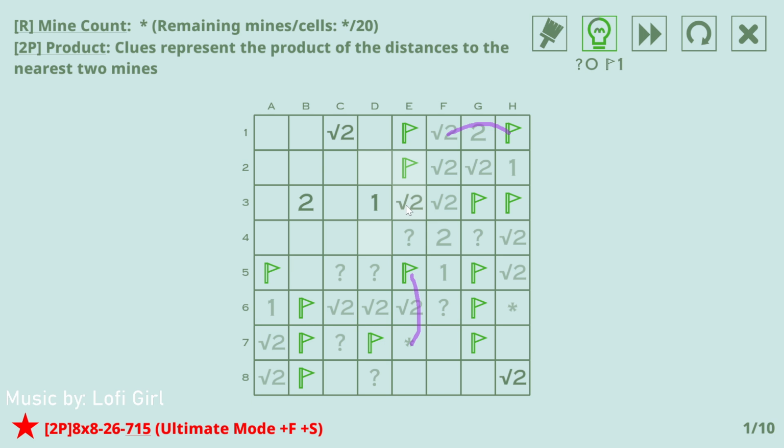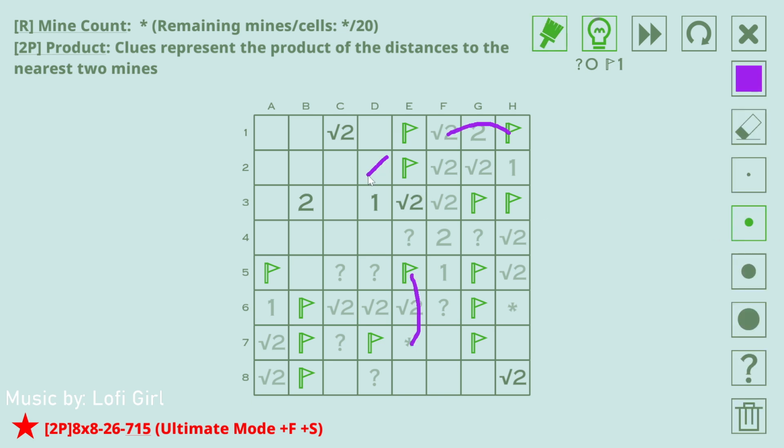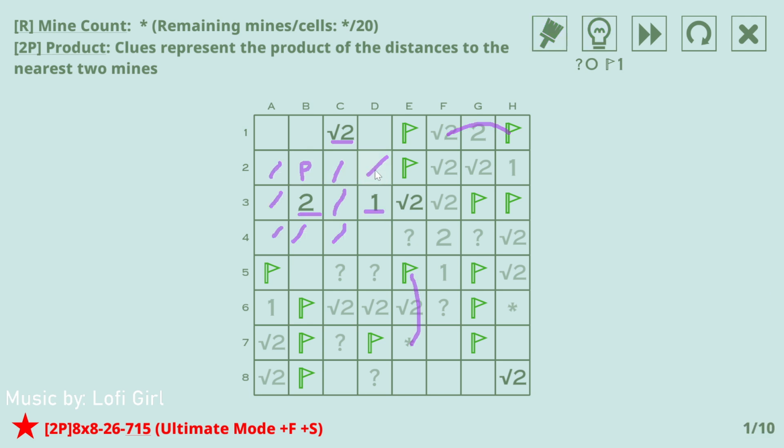And I don't see how that would work. Right. I guess suppose this is empty, then this must be a mine for this root 2, which means that these are all empty for the 2, and now this breaks the 1, so this can't be empty, it must be a mine. Alright, sure. That's trivial, that's trivial, that's trivial, that's probably trivial, and 8 out of 14 left.